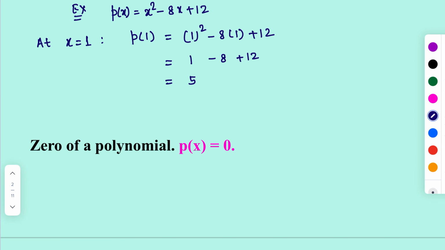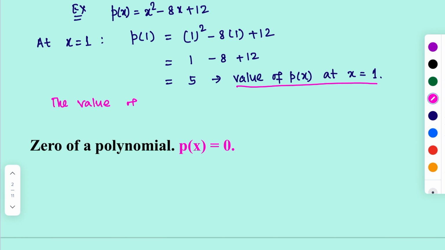That means 5 is the value of p of x at x is equal to 1. So we can write the value of p of x at x is equal to a is equal to p of a.